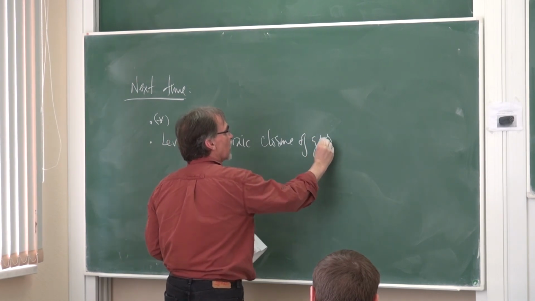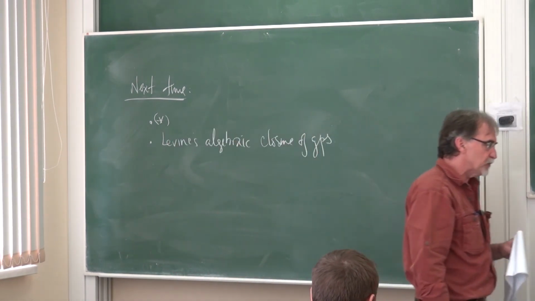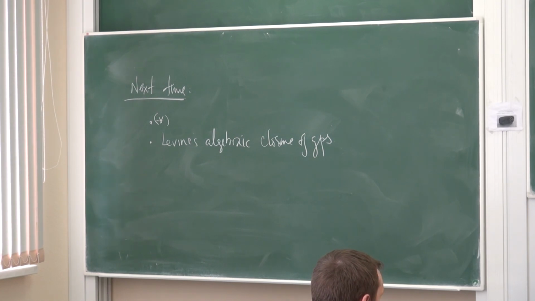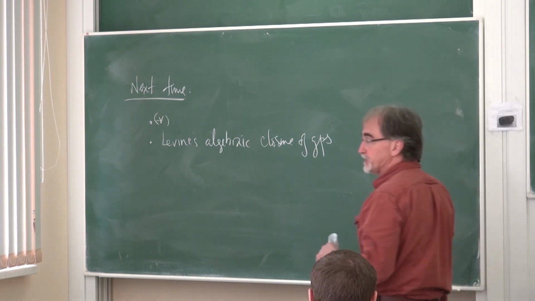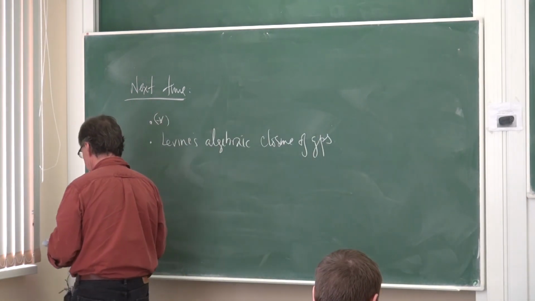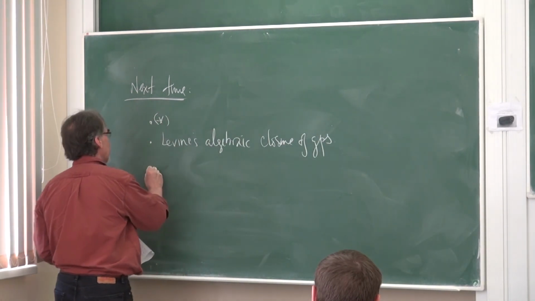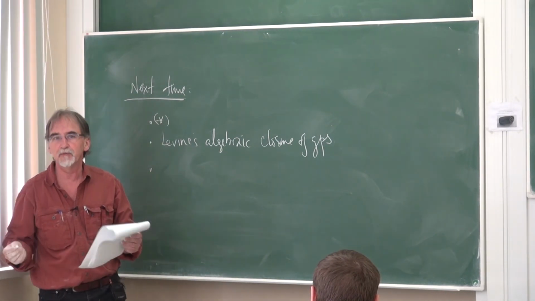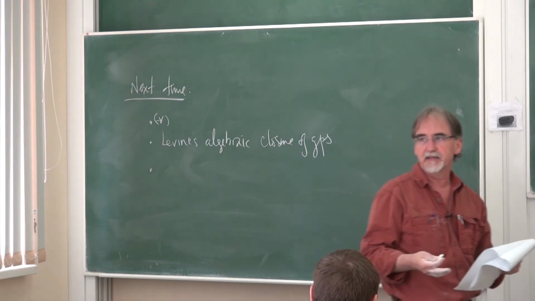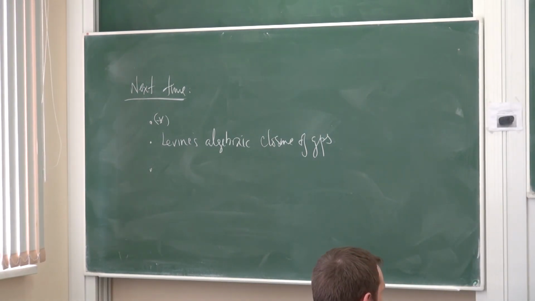For people who know a lot of homotopy theory, the notion of algebraic closure of groups is very similar to homology localization of spaces. After I've done that, I'm going to spend a lot of time with that. I'm going to define it and give examples. It's a beautiful construction, easy to understand, and really lovely to look at.